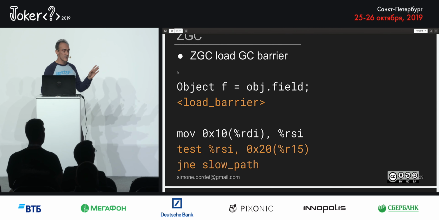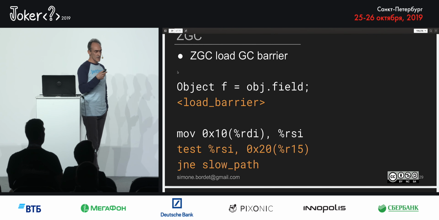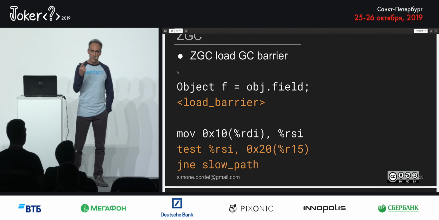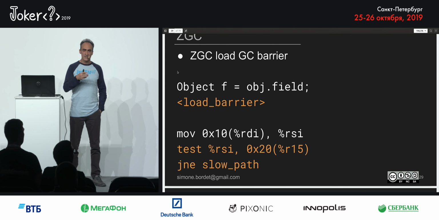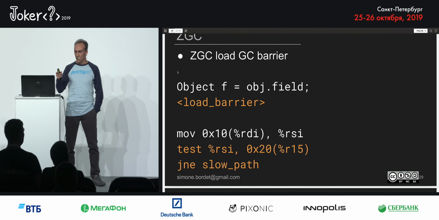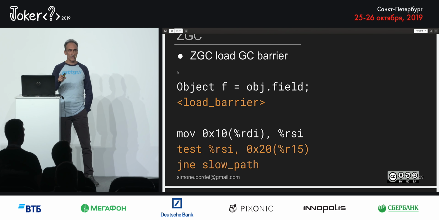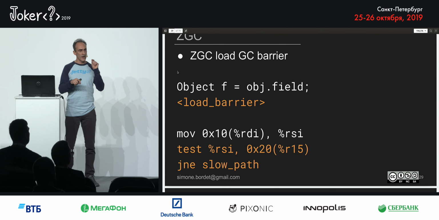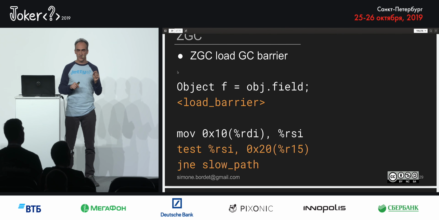So it is very cheap, and now you understand, because it's only one operation, a test, that gets done over and over again every time you need to load an object from the heap. So that's the reason to use colored pointers, because if I have the information exactly in the pointer, then the load barrier becomes very cheap, all right?